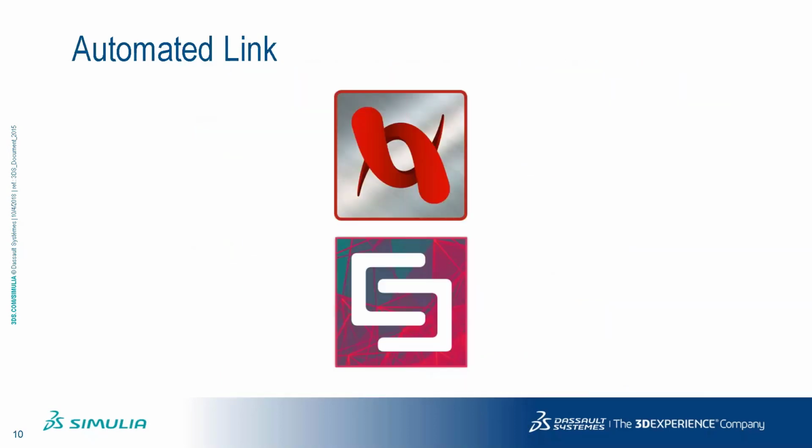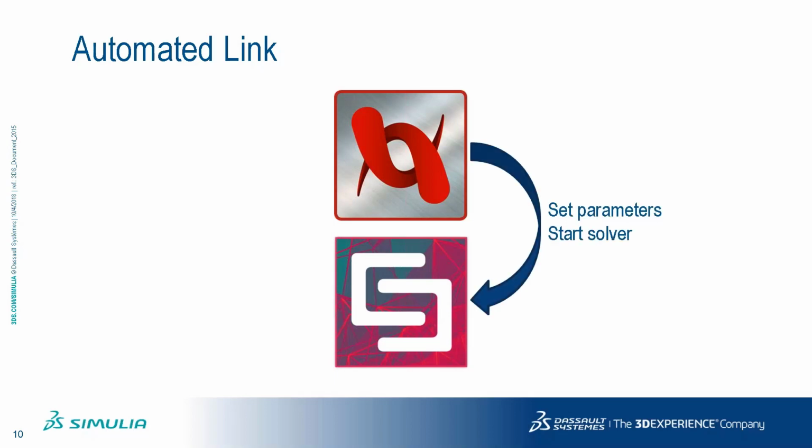Like I said, in this particular presentation, we're going to talk about the automated link between VPI Design Suite and the CST Studio Suite. And it's really quite simple. Basically, it's a bidirectional connection where VPI Design Suite can control parameters of a model, and it can start the solvers directly in CST.